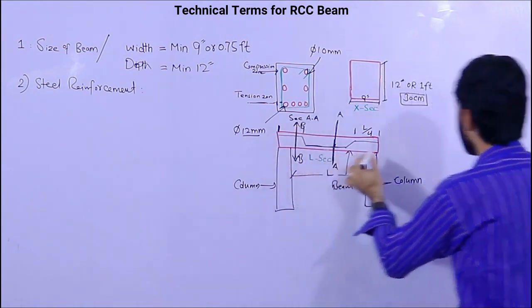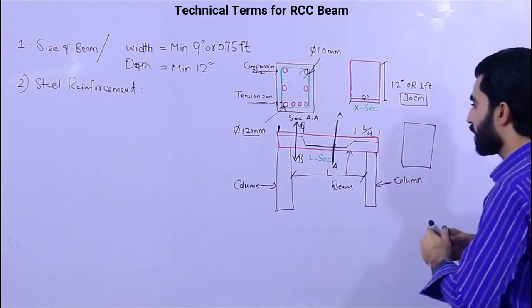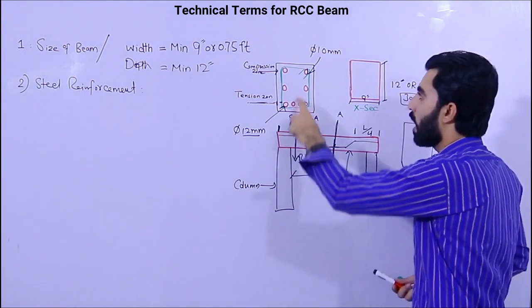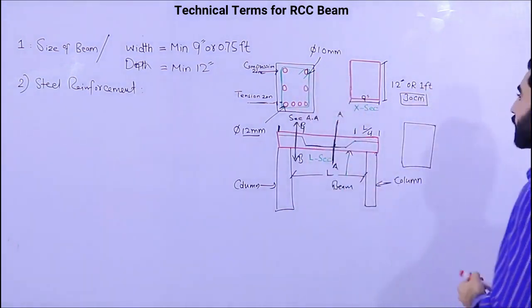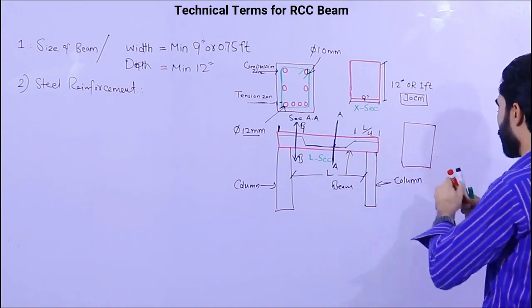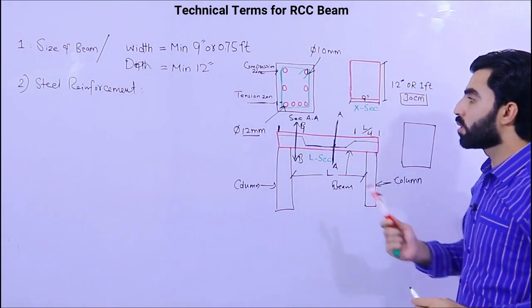Let me make the BB section for this. In the BB section, you will see these 2 steel rods are going to the upward side because we bent them at the end of the support. So in that case, guys, at the top we will see 4 steel rods, and at the bottom we will see 2 steel rods.